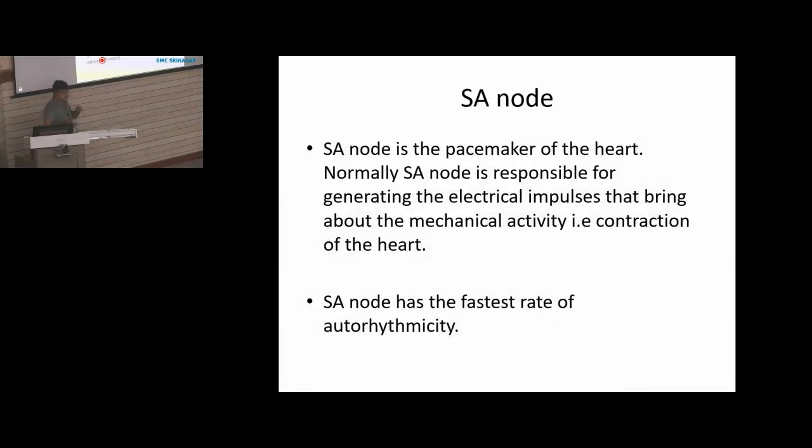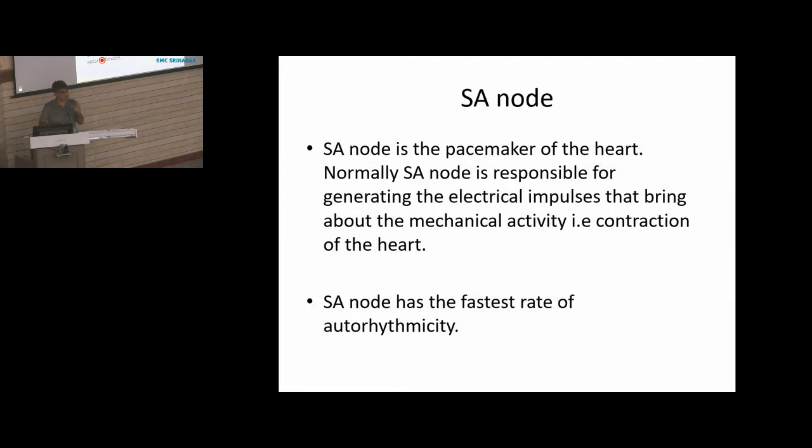Now here one important thing that you have to note is that, as we all know, if you recall the nerve supply of the heart, I have told you that heart is always under the parasympathetic influence. That is called a constant vagal tone.